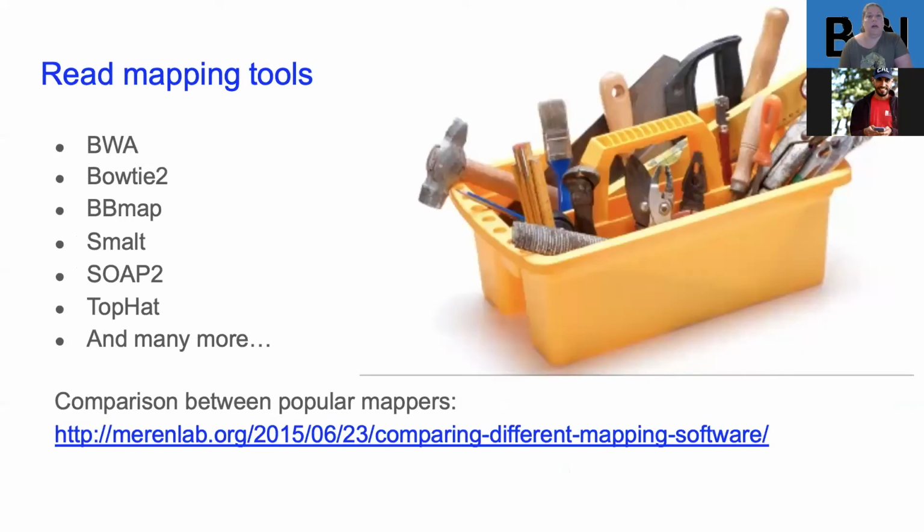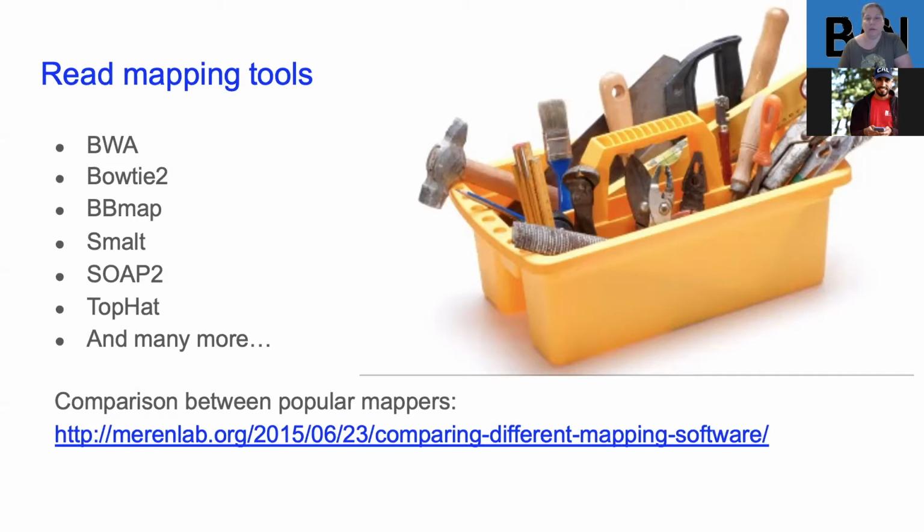So there are a lot of read mapping tools. They differ mostly in their scoring system. The most commonly used ones are BWA, or the Burrows-Wheeler alignment, Bowtie2, which is also based on the same algorithm, and BBMap, but there are many more. If you are interested in a comparison between popular mappers, I've added a link here to a blog by Murat Eren.